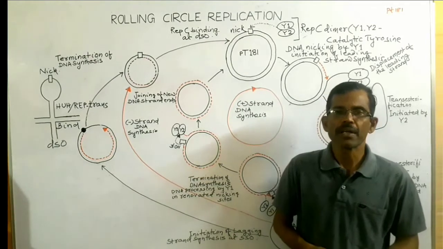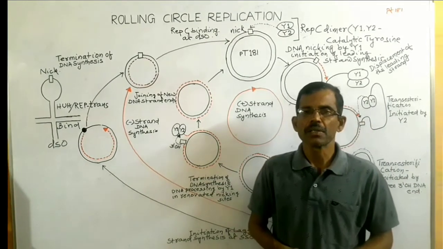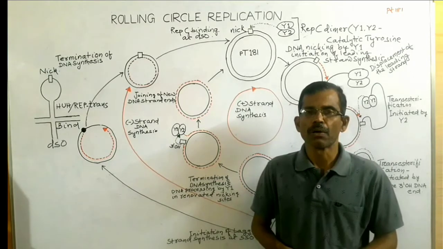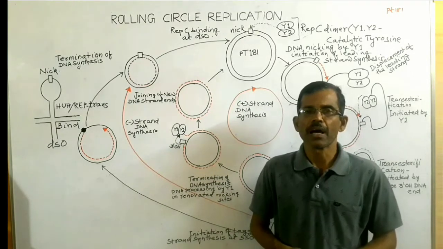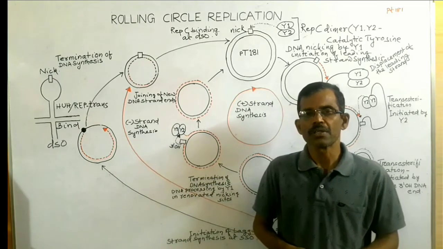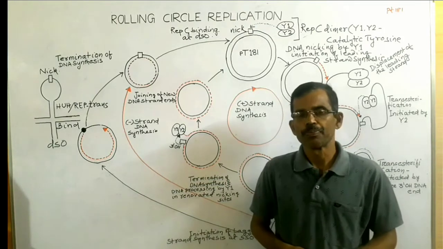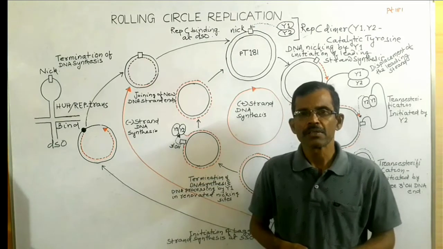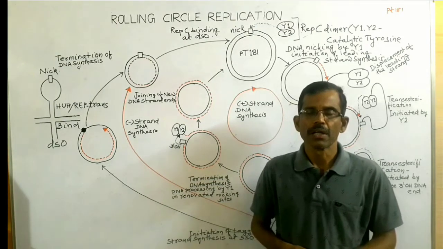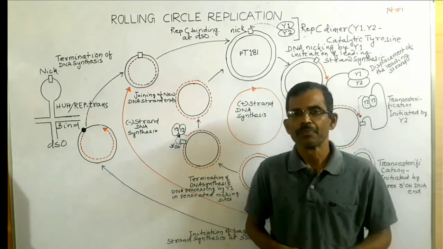Rolling circle replication is an asymmetric process. Two different replication origins are required for the initiation of replication of the leading strand and lagging strand. These two different replication origins are DSO and SSO. DSO means double-stranded origin and SSO means single-stranded origin.